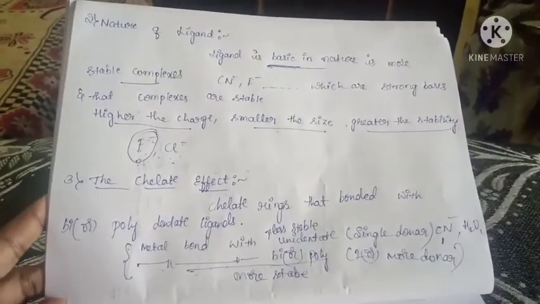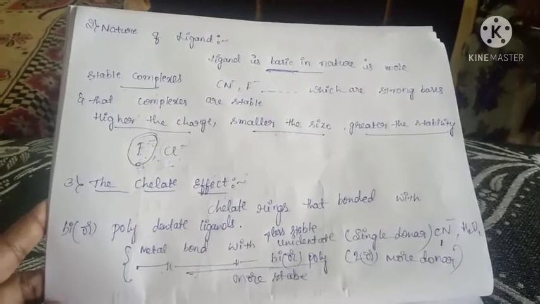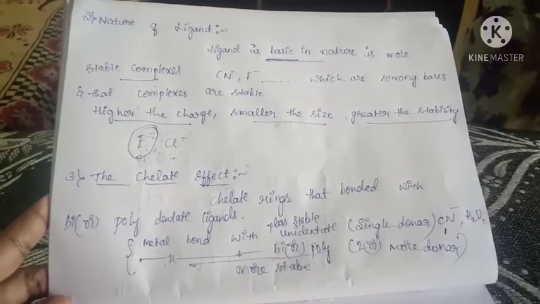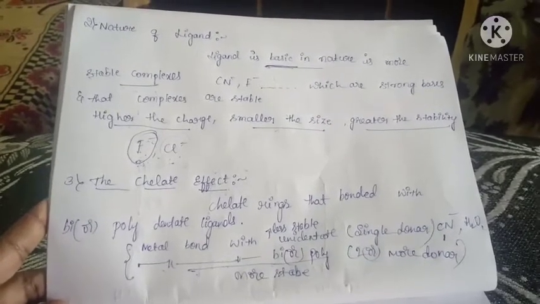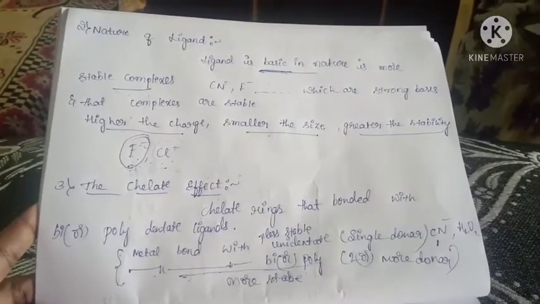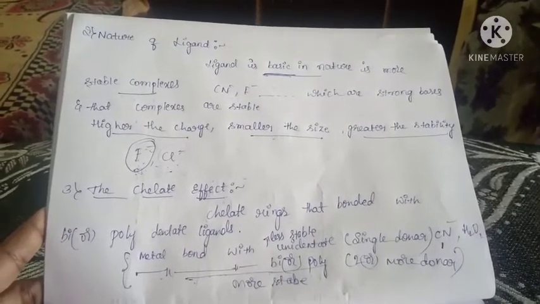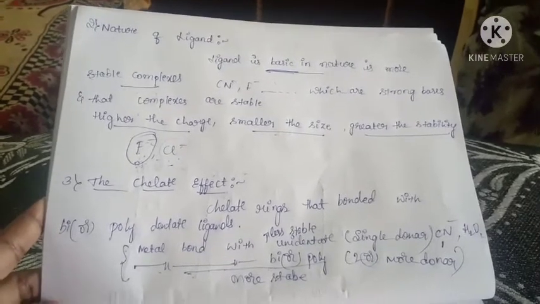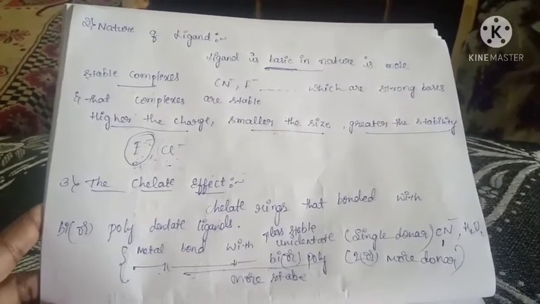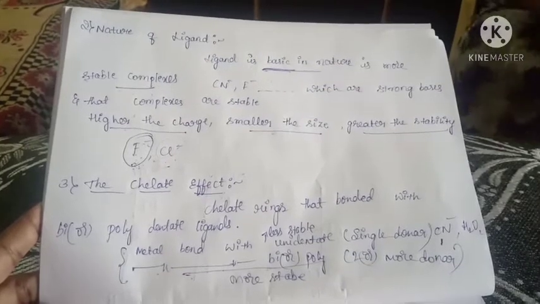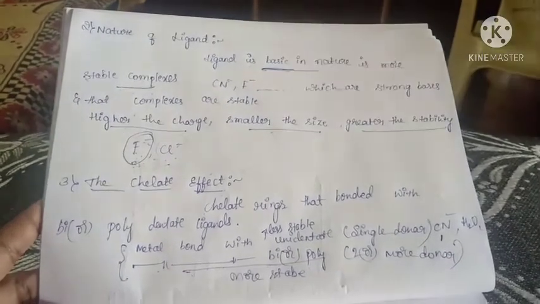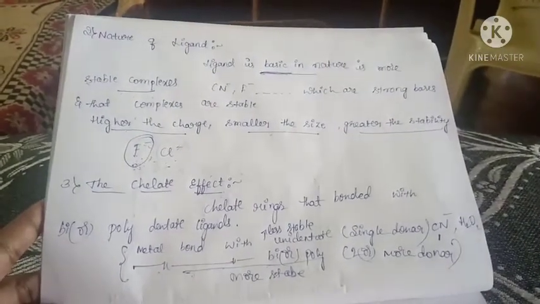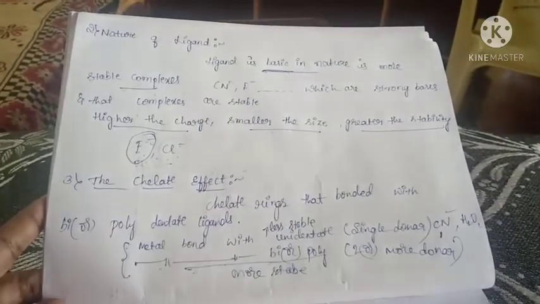Next, the last one is the chelate effect. It means the chelate complexes. How the chelate complexes are formed is, when the central metal atom is bonded with bidentate or polydentate ligands, those complexes are most stable compared to unidentate ligands. Here the metal bonded with a unidentate ligand gives a less stable complex because it has only a single donor atom.